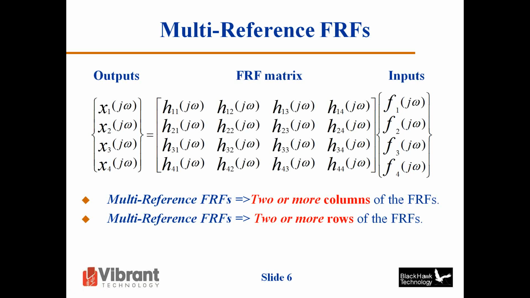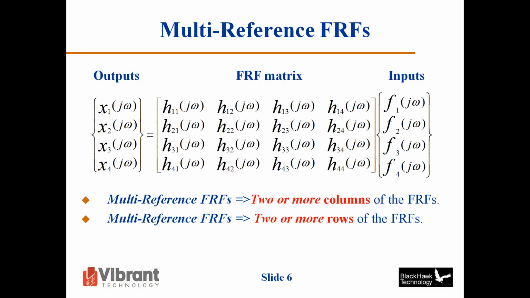So when we talk about multiple reference FRFs, what we're talking about are two or more columns of this FRF matrix. You can see here we just got 4 inputs and 4 outputs. In a general case, this model can fit any real-world situation where we have as many inputs and as many outputs as we make measurements between.